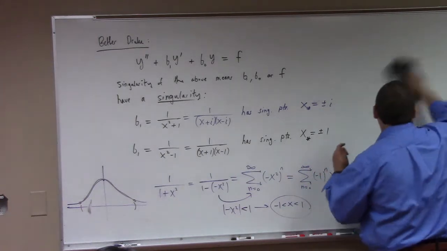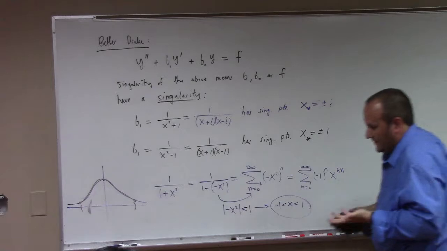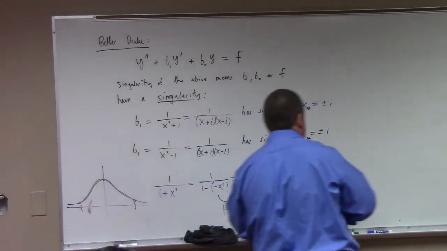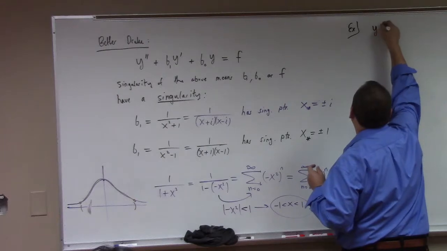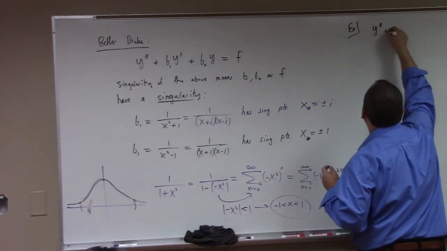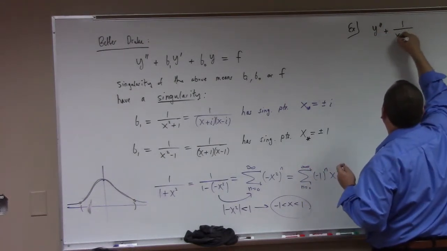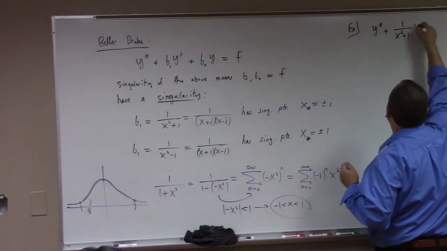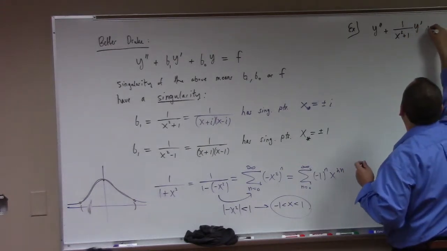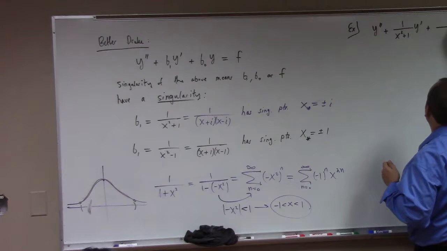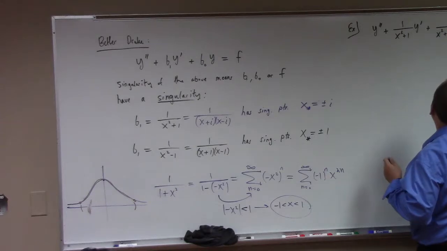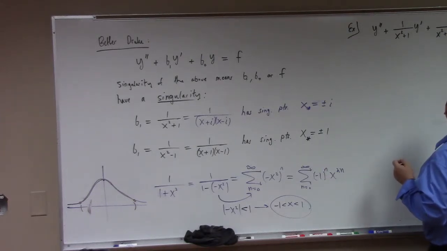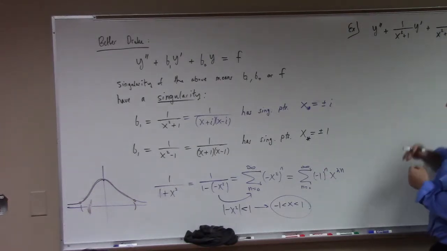Let me give you a specific example to bring this to life a little bit more. If I was solving y double prime, and let's work with the one I just worked with, x squared plus 1 y prime. And here, I'll put another one just for kicks. How about x squared plus 4x plus 5 y equals 0, we'll look at the homogeneous problem.